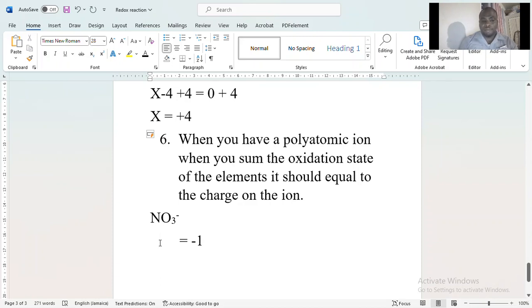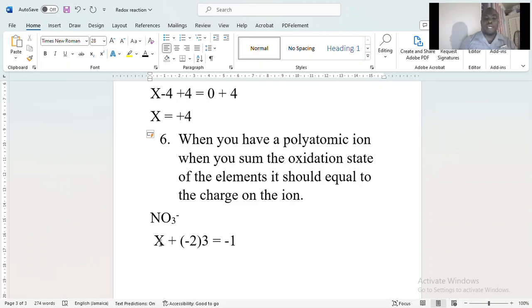Same concept. We don't know nitrogen. As I said, carbon, nitrogen, sulfur, those are the 3 elements you want to keep your eyes on when dealing with them. They tend to change their oxidation state. And so we call nitrogen X plus. We know oxygen is always -2, except with a peroxide, which it is not in this case.